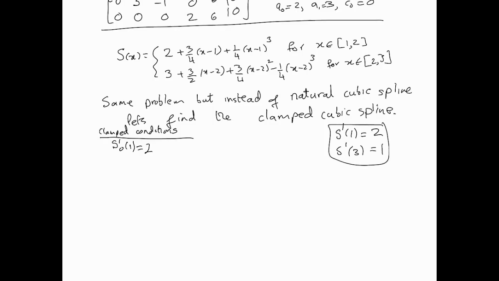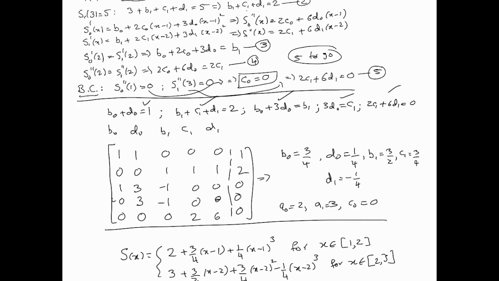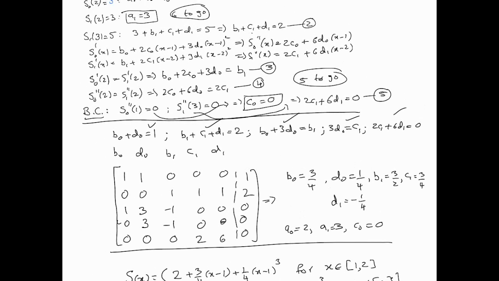Given these conditions, S0 dash of 1 should be 2, and of course S1 dash of 3 should be equal to 1. So these are the 2 additional conditions. When we apply these conditions to our polynomials, if we go back here, this is our S0 and S1.